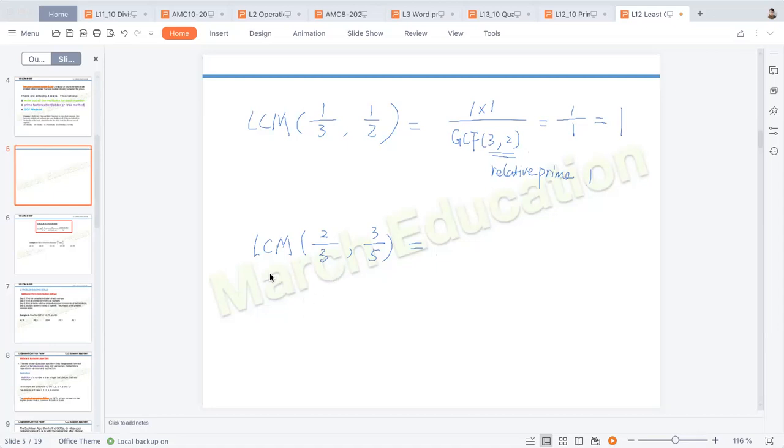Okay, you don't know how to do this. So find the product. The product of the two numerators is 2 times 3. And the GCF is of this, 2 times 5, and 3 times 3.